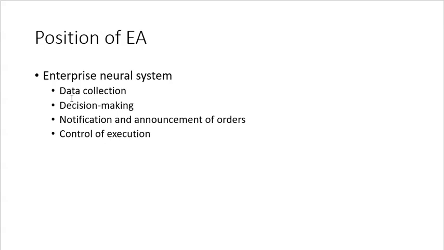This neural system does this decision making. So if you consider a human's body, you know that the decision making part is done in the brain.